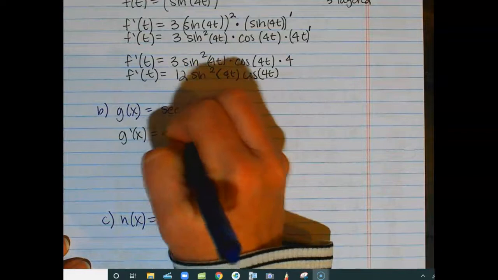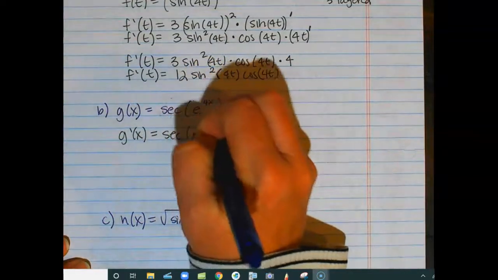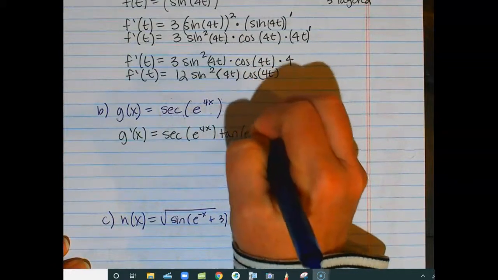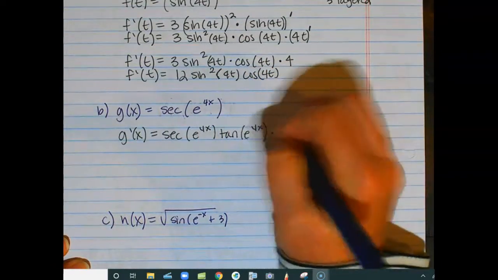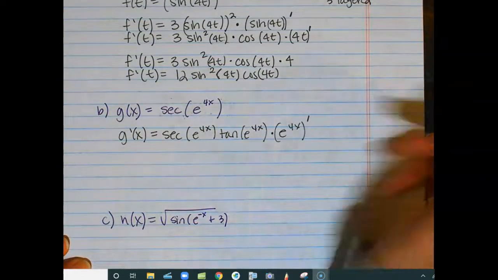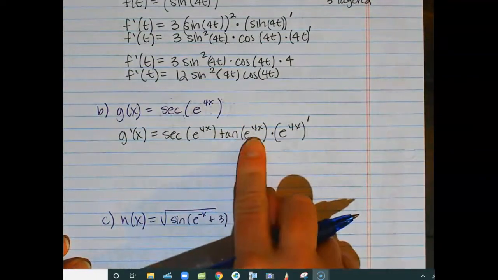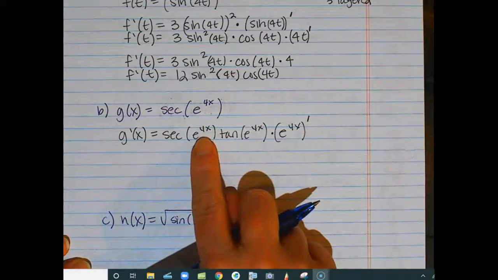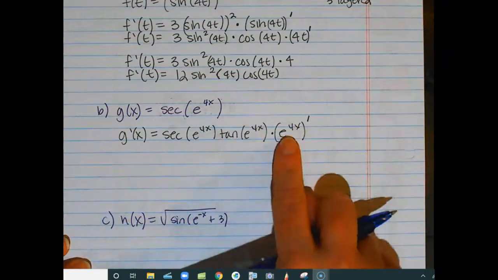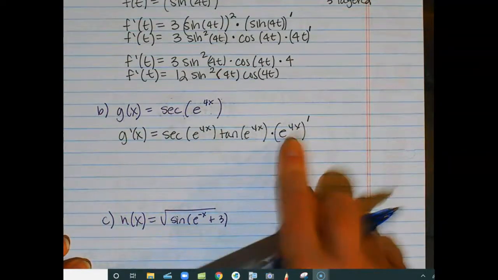So secant of keep the baby, tangent keep the baby, times e to the 4x. I need to take that derivative. So it's derivative of the outside function, keep the baby, keep its part that was the gear inside, then take the derivative of the gear.